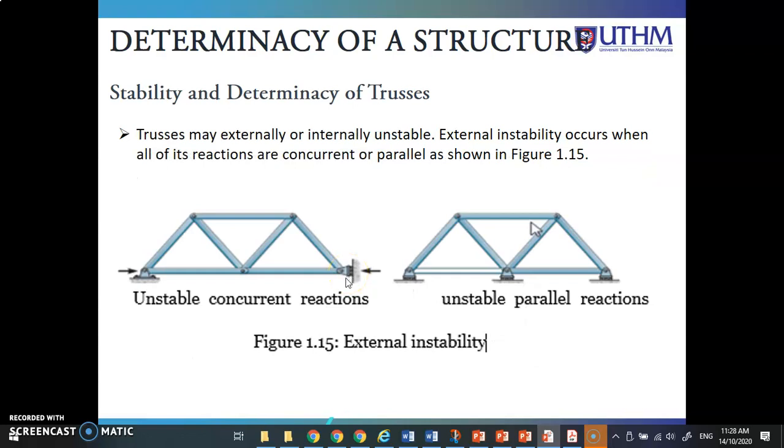Okay, so dari segi dia adalah external instability ataupun internal instability. Kalau external maksudnya dia dari segi reaction kat luar. Saya cakap external ni adalah luar. Dia tak stabil dari luar. So kalau kat sini kita tengok dia ada pin dan juga roller. So unstable concurrent reaction. Dia tidak stabil dari segi reaction, number of reaction ataupun support dia.